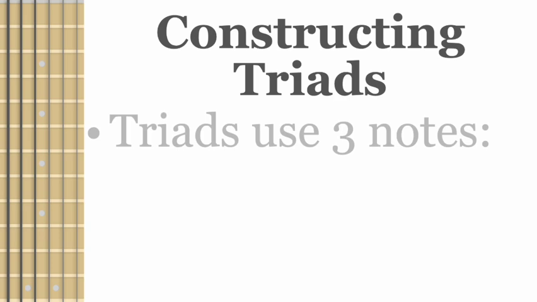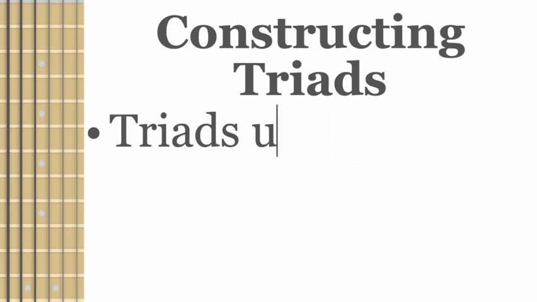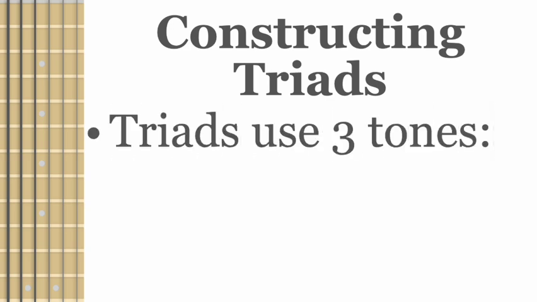Essentially, triads are constructed using three notes. However, there will be times when you hear somebody say triads are constructed using three tones. As guitar players, it's a half dozen in one, six in the other. A lot of purists will make the argument, for C as an example, that you've got C, E, and G, which makes up your triad.